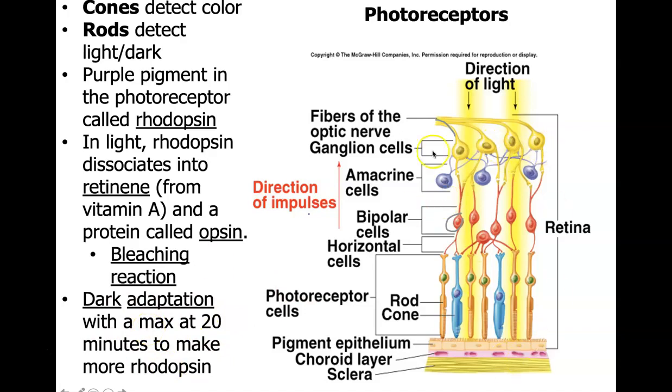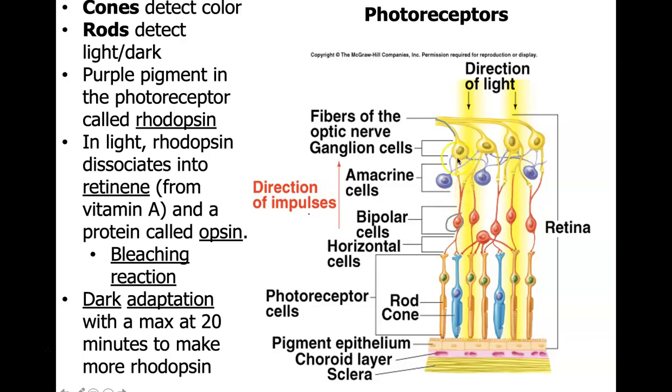And how the eye is set up is kind of weird. This whole thing here is the retina. The light, when it comes into your eye, actually has to go through all these different kinds of neurons until it first stimulates the rods and cones. Okay, so it goes through a bunch of layers of neurons, hits the rods and cones. The rods and cones then synapse onto these horizontal cells here, okay, and bipolar cells.